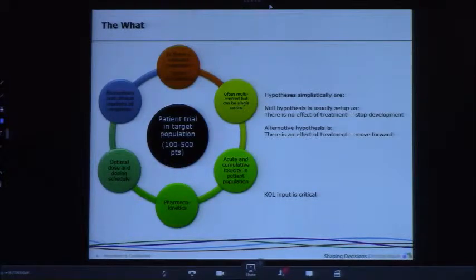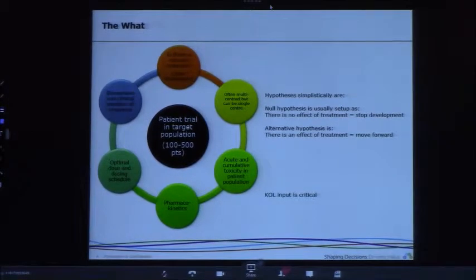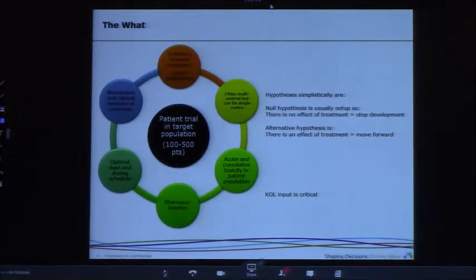You've got more patients here than you have in phase 1, so typically between 100 and 500 patients that you're recruiting in. Again, that's very indication dependent. You may have many less than that. In fact, in some indications, if you could get 500 patients, that would be a phenomenal phase 3 program. But again, we're talking typically, let's think about an antihypertensive drug or something like that. That's what we'd be looking at.